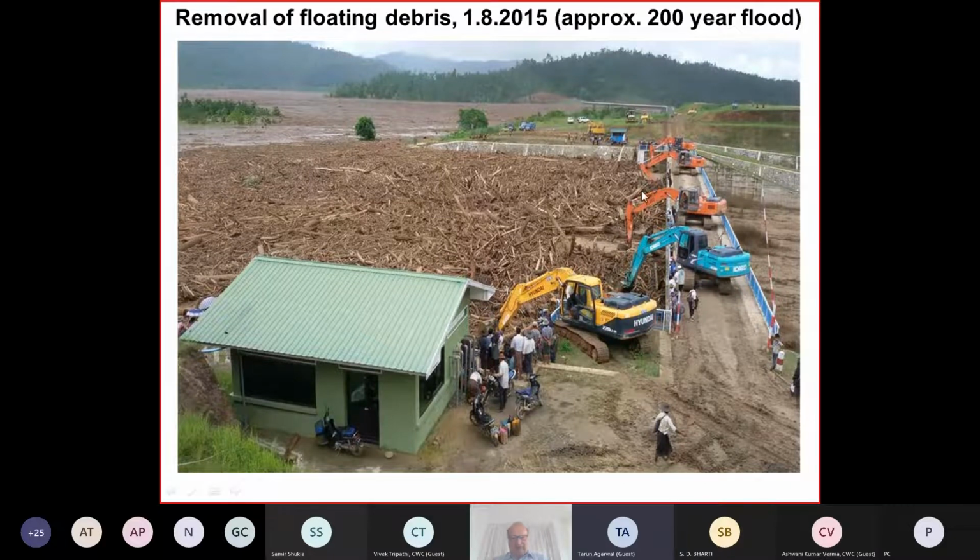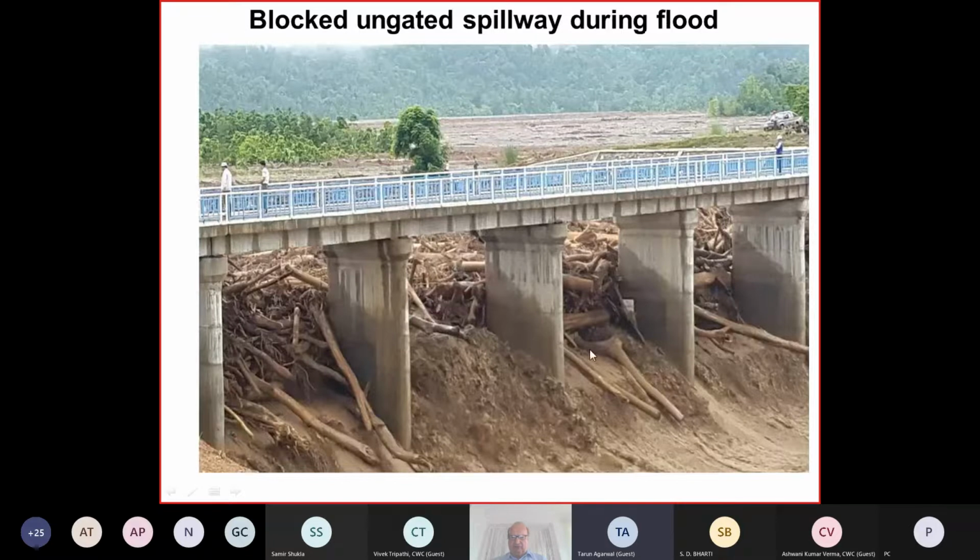It was kind of fortunate, I must say, and they removed some of the floating debris here, and allowed some greater release of water from this spillway.